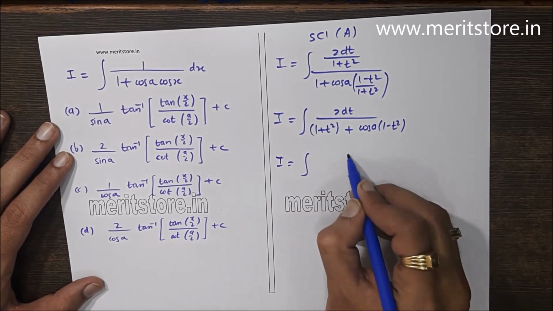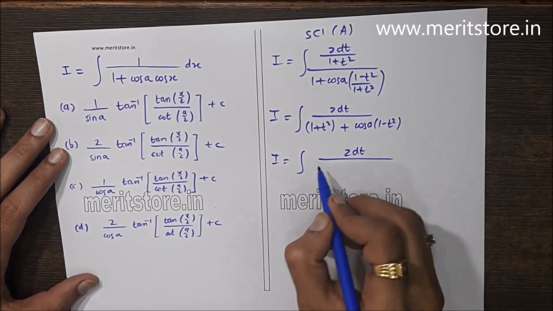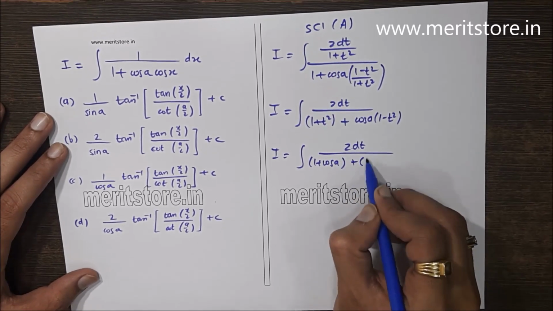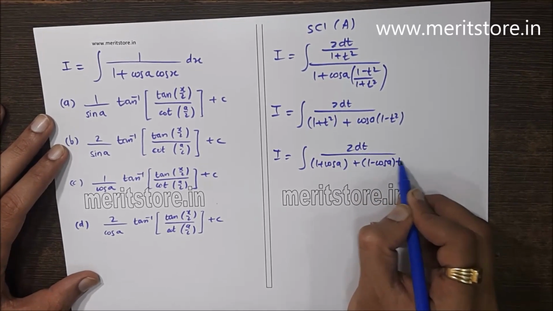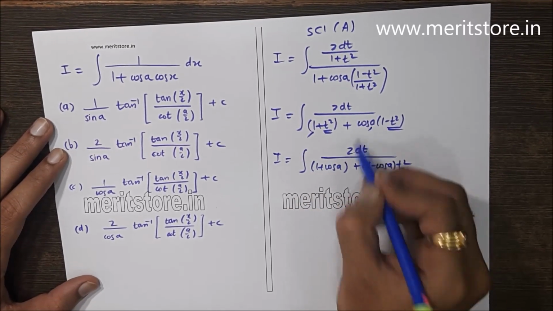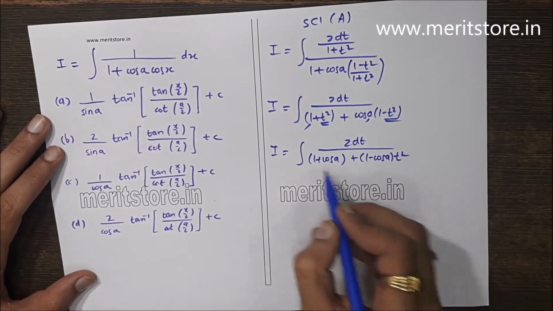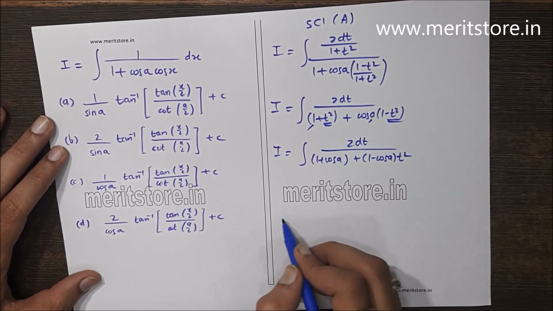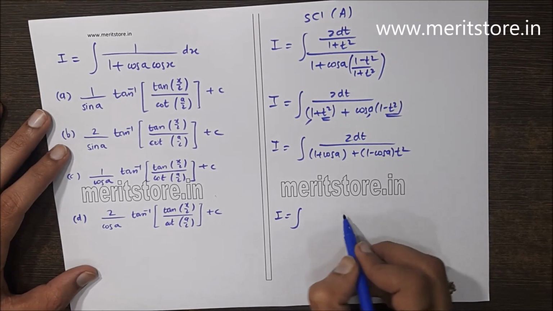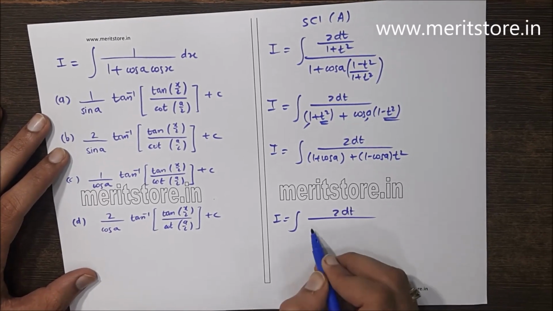Simplifying, my integral will convert to 2 dt upon (1 plus t square) plus cos A into (1 minus t square). Simplifying, integral of 2 dt upon (1 plus cos A) plus (1 minus cos A) t square. I'm clubbing the t square terms together and the constant terms together. Now observe, 1 plus cos A and 1 minus cos A. We are applying the half angle formula respectively in both the places.